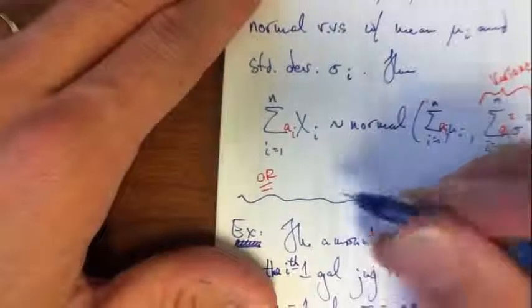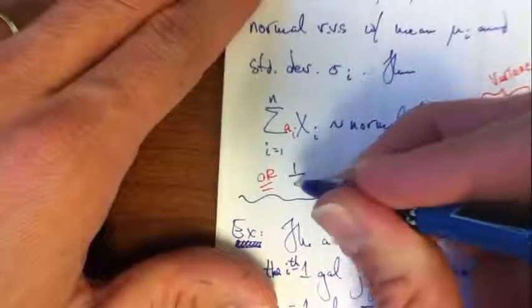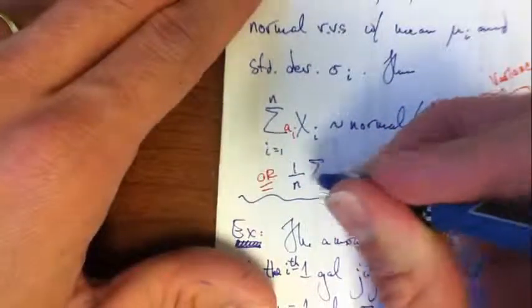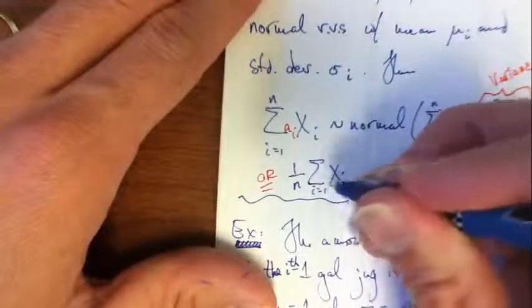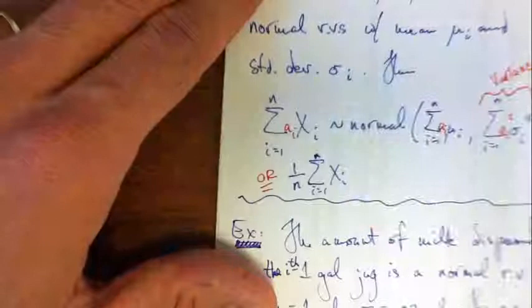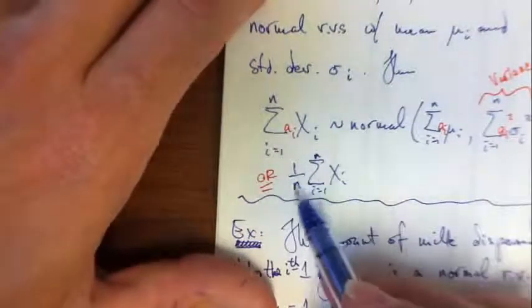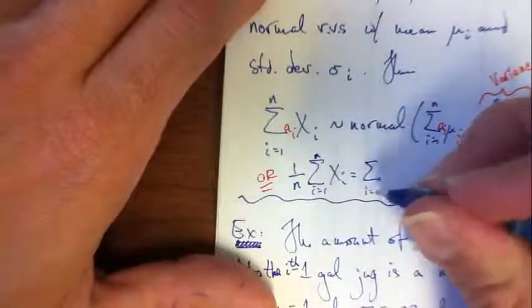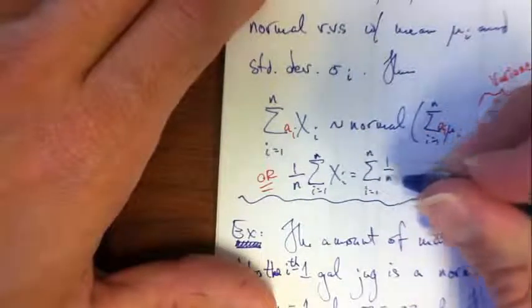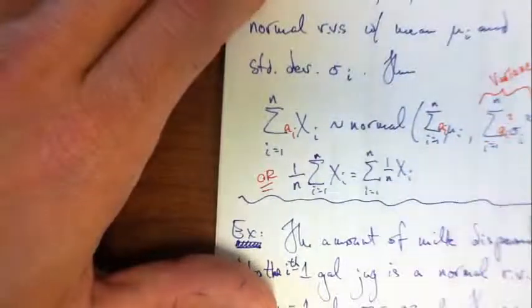So if I want to think about the sample mean, that's what the sample mean looks like, right? But let's bring this 1 over n inside the summation there, and then this is the sum from 1 to n of 1 over n times the Xi's.